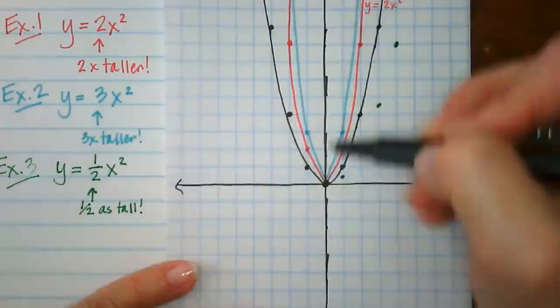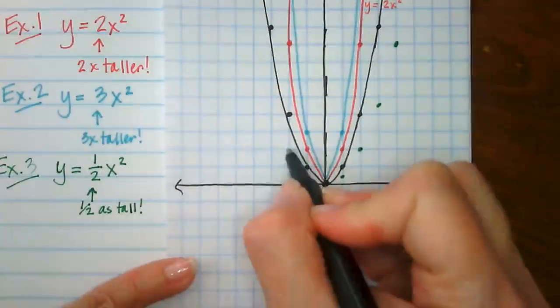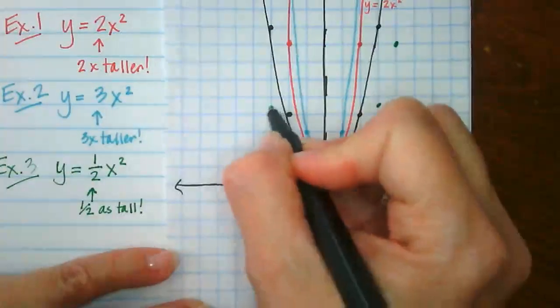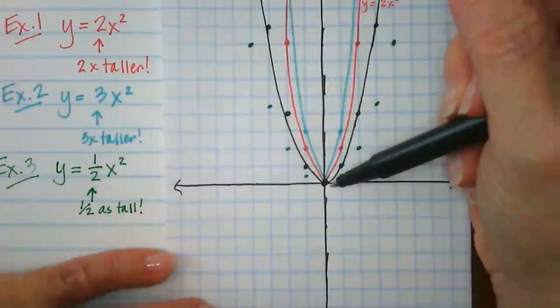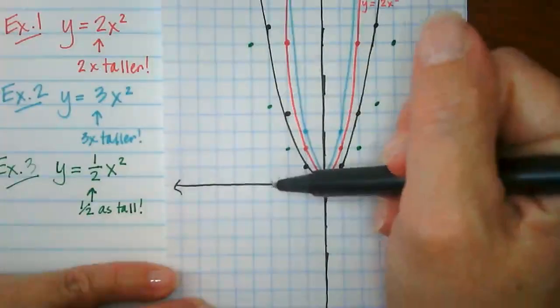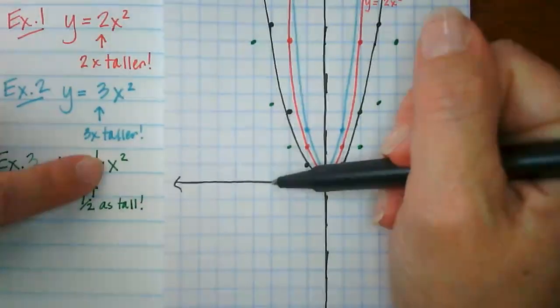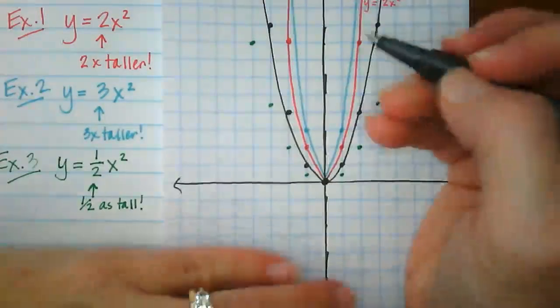And then we know we have this axis of symmetry right here, so we have mirror image points for all of these on the negative side of the graph. And that's because if we fill in a negative, so let's just try it. If we filled in -3, we square it, we get 9, but half of that is going to be 4.5.